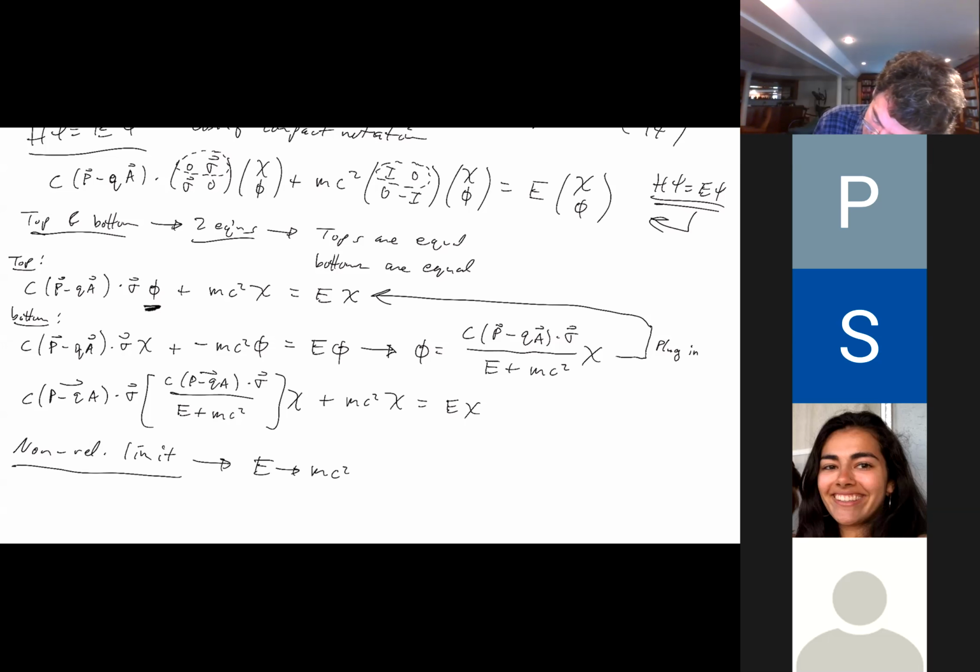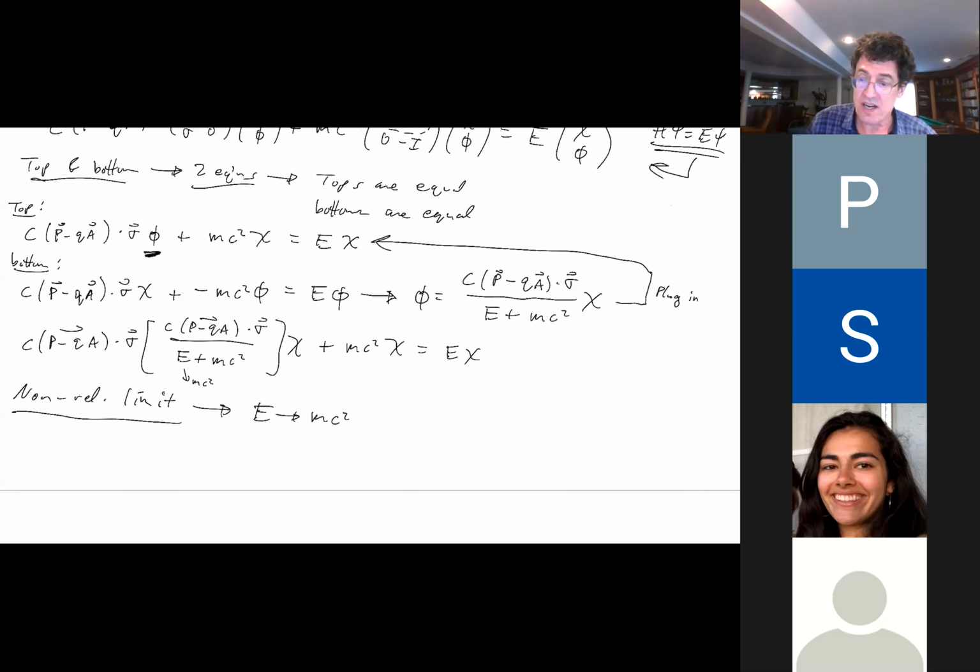So this guy right here is going to go to mc squared. So now on the bottom of that denominator, I'm going to get 2mc squared. But because I have these two c's here and here, they're going to cancel with these c squareds here and here. You see they cancel.